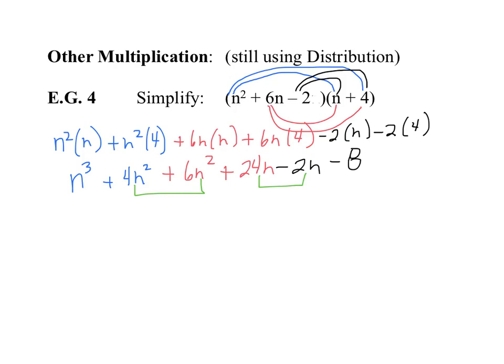So finally, as our end result here, we've got n cubed plus 10n squared, 4 plus 6. Then our n's, we've got 24 minus 2, so that's 22n minus 8. And so we're left with a polynomial with 4 terms.